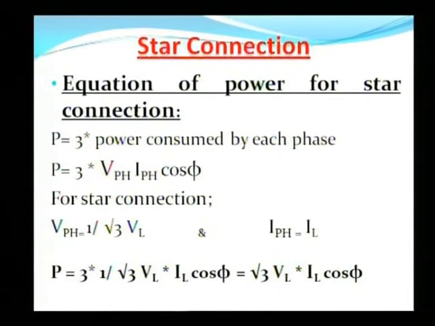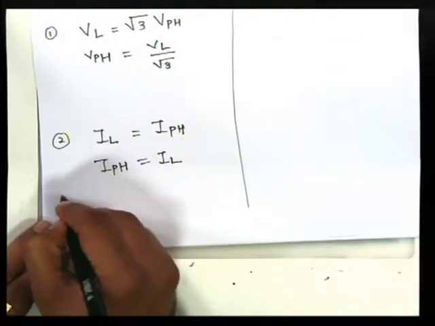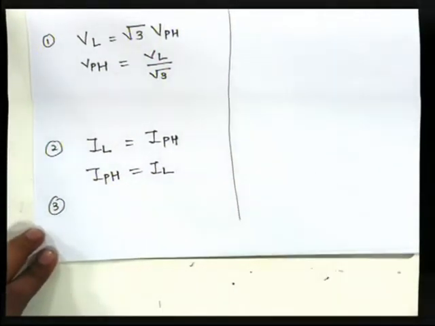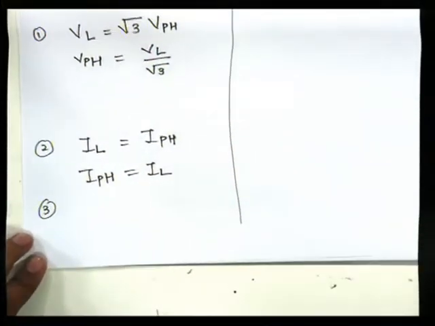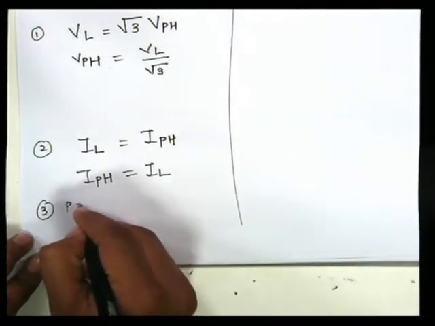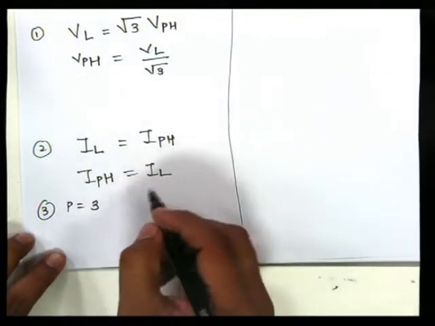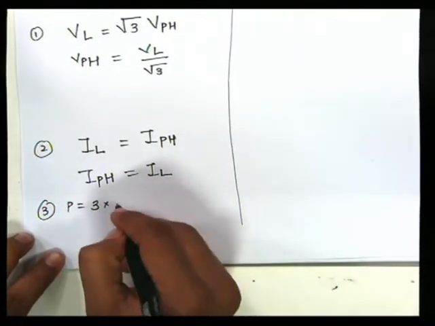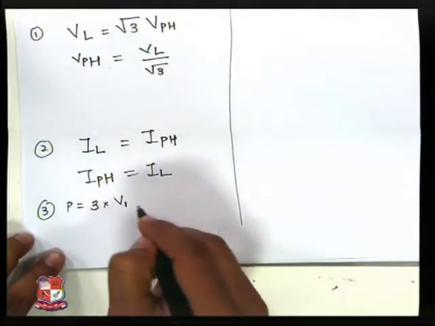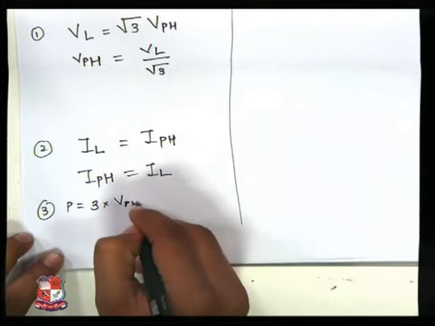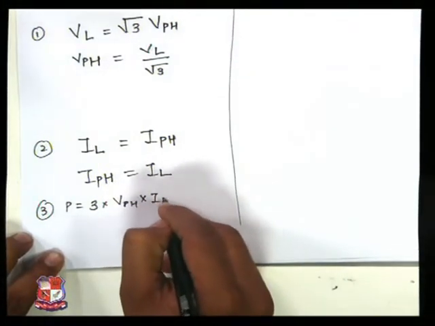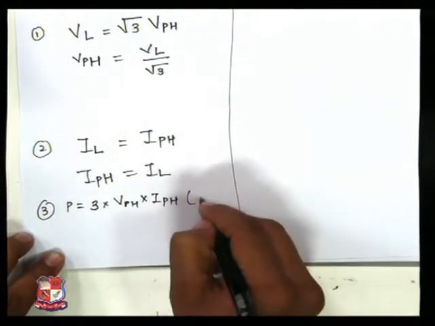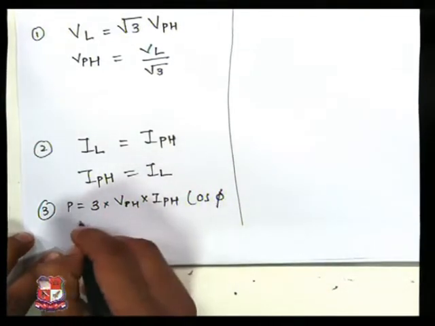See the third one: P equals, since it is a 3-phase system, 3 multiplied by VPH into IPH cos phi.